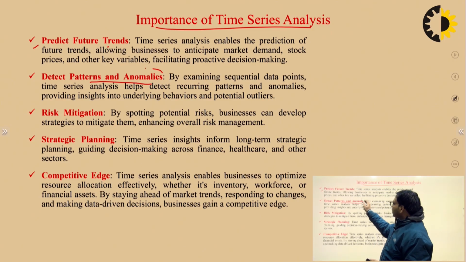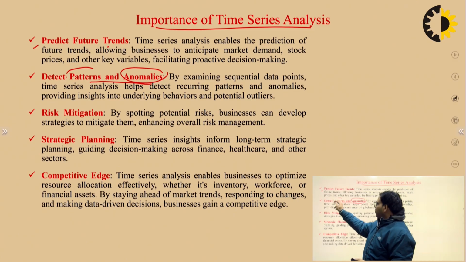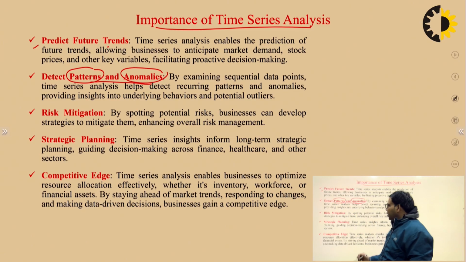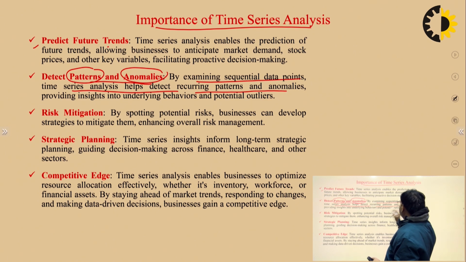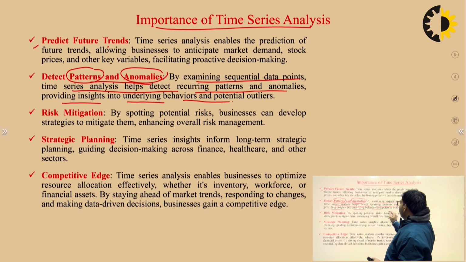So for finding anomalies in the data, we can analyze this, and we can detect patterns out of them. By examining the sequential data points, time series analysis helps detect recurring patterns and anomalies, providing insight into underlying behaviors and potential outliers.